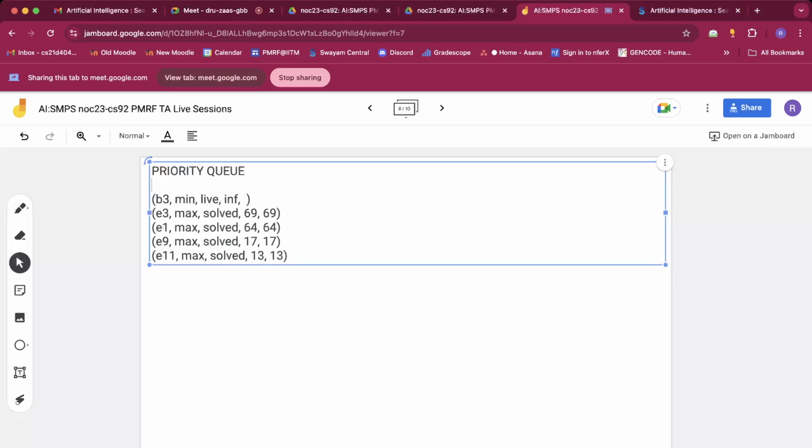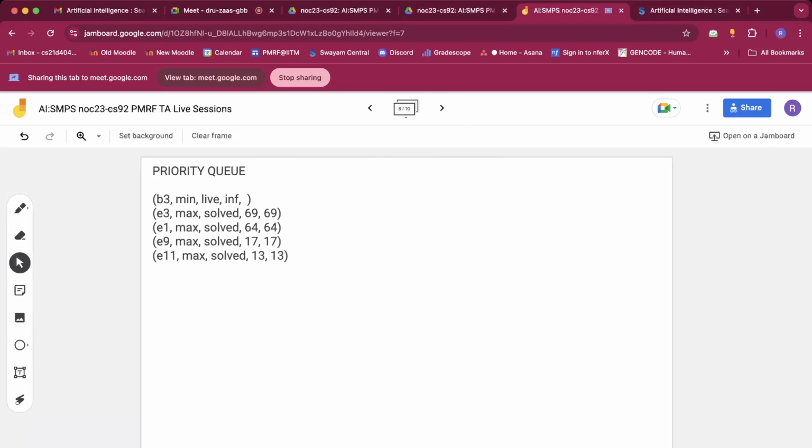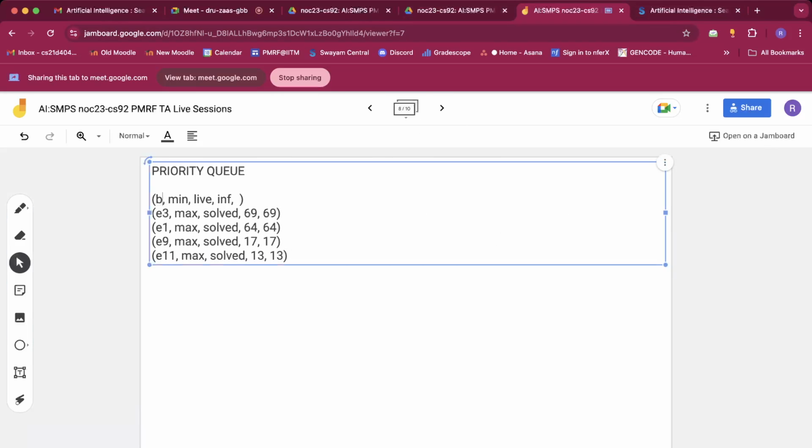Now we have B3 at the top of the queue. If we proceed in a similar manner, we will arrive at the following configuration. When we pop B3, we are going to add C5, right? So let's do that.